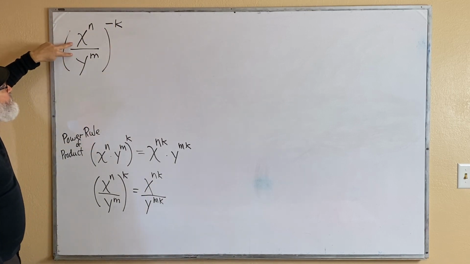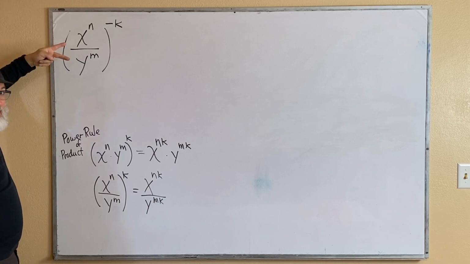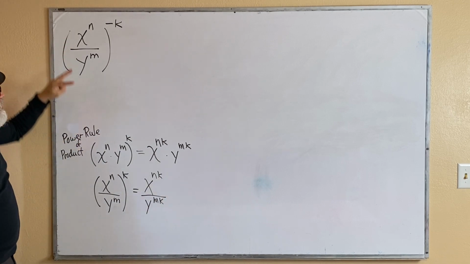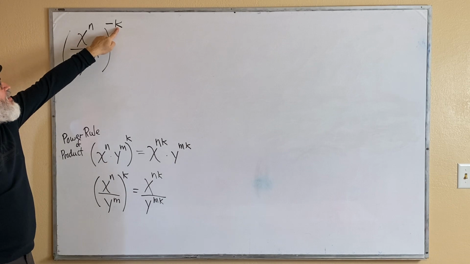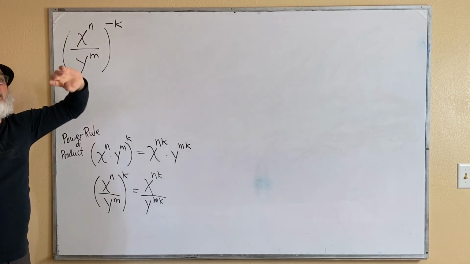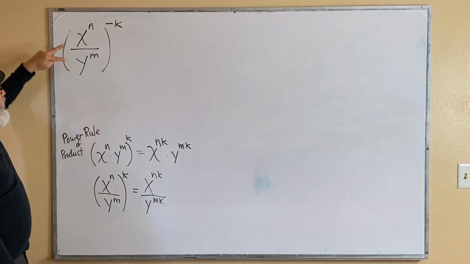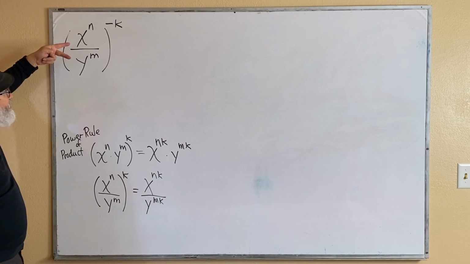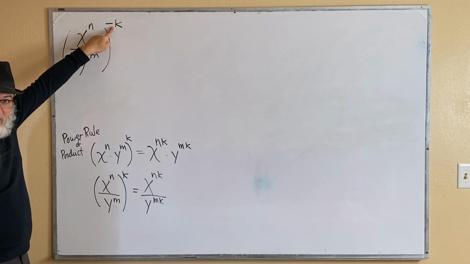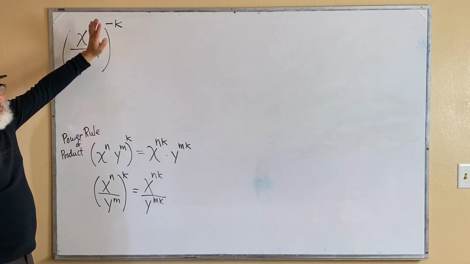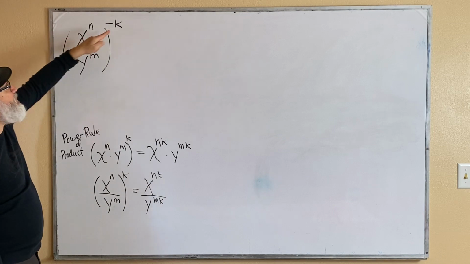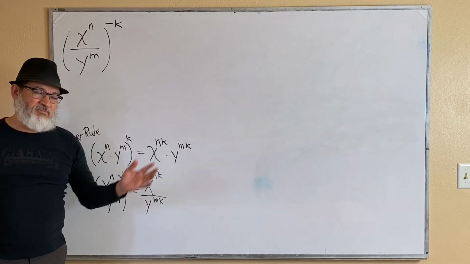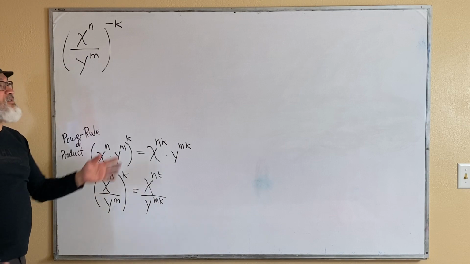You're going to take the house and flip it over, that's called the reciprocal. You take the reciprocal of this house, and that makes this negative roof positive. Whenever you flip the house, it changes the sign. We don't do this, but if this sign is positive and you flip the house, it becomes negative. We don't have to do that because it's already positive.